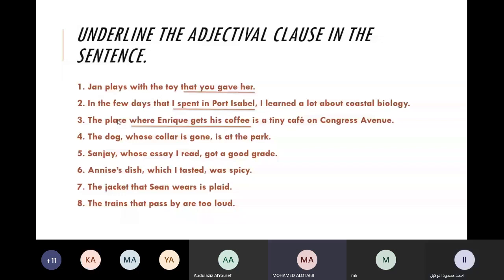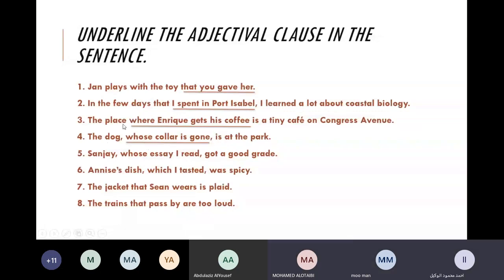A dog whose collar is gone is at the park. Whose collar is gone? I can just remove this and say the dog is at the park. And by the way, guys, when you have an adjectival clause preceded by a comma and followed by a comma, it's called indirect relative pronoun. Whose here is an indirect relative pronoun.